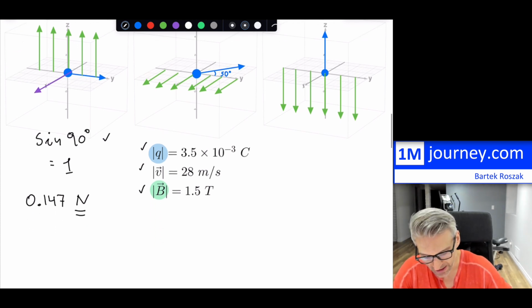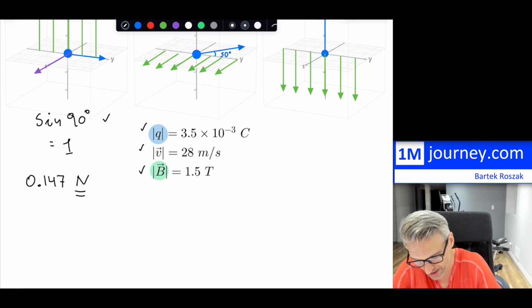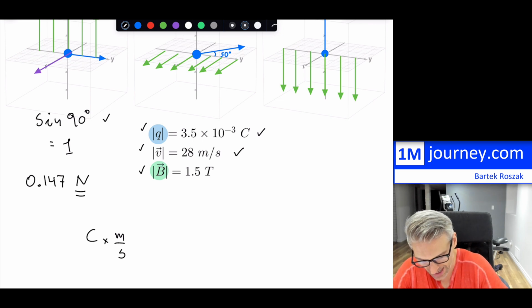Now, one note in terms of the units. When you're multiplying, your charge Q is in coulombs, in metric standard units. Your speed is in meters per second. And the Tesla is kilograms per coulomb per second.